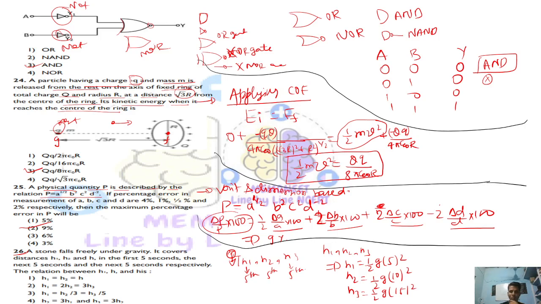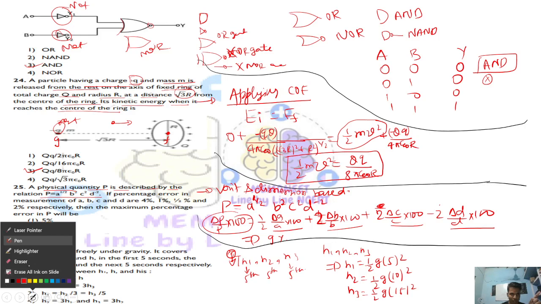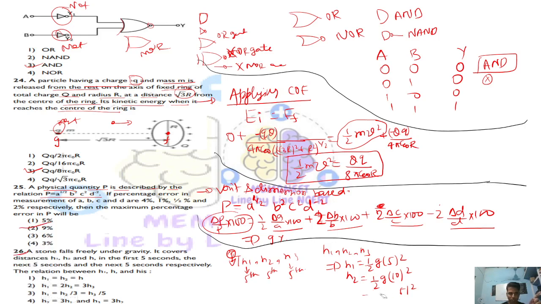Simply h2. Okay, let's see. In the first 5 seconds it moves here. In the second 5 seconds it is asking. Sorry, h2 will not come in this way. Let's erase it. h2 will become like this.